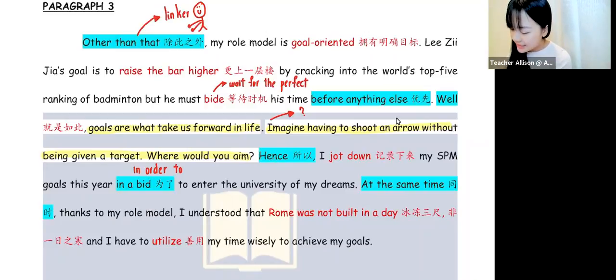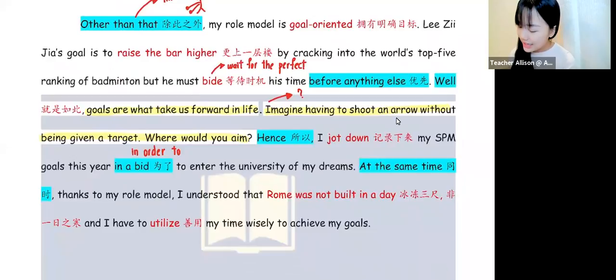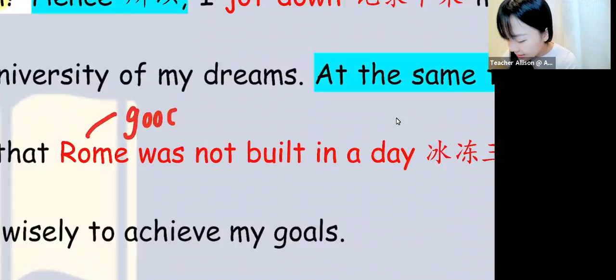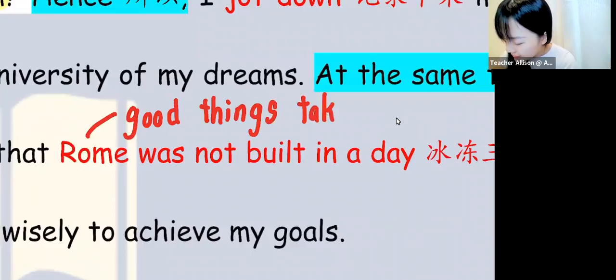And as you can see here, thanks to my role model, I understood that good things will always take time. Or perhaps you can write, Rome was not built in a day. Good things take time. Good things will always take time.